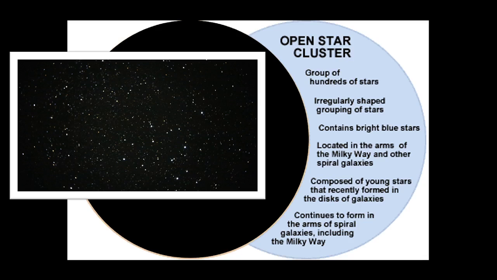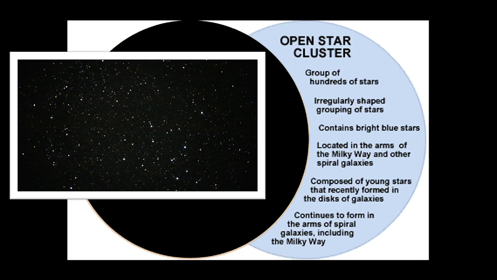And then on the other side we've got open star clusters, groups of hundreds of stars, irregularly shaped, with bright blue stars, so young stars, located in the arms of the Milky Way and other spirals. And as we said, young stars, and these are continuing to form.